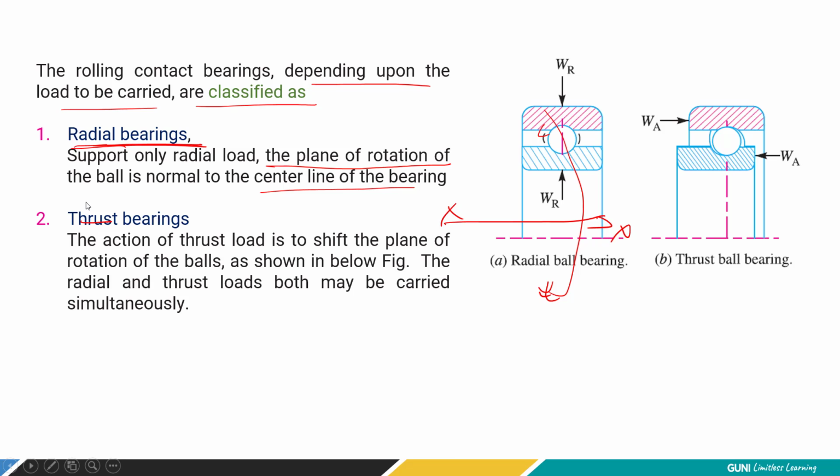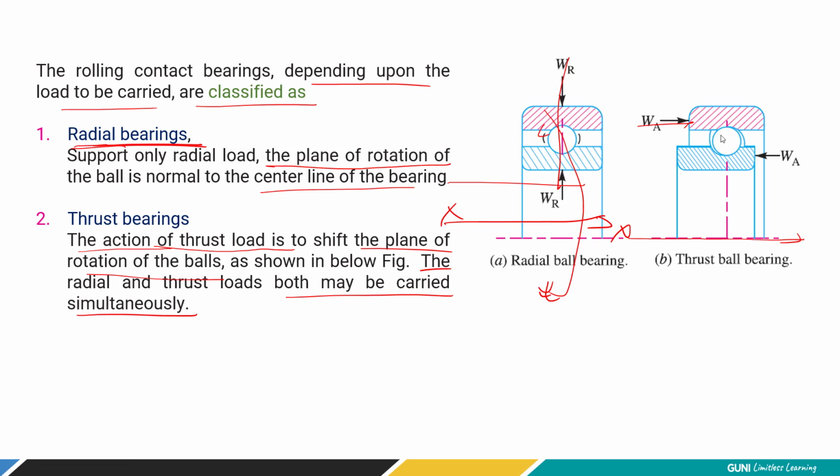Similarly, in the case of a thrust bearing, the load acting is parallel to the bearing axis. So the action of thrust load shifts the plane of rotation of the ball. Instead of being normal, now it is parallel to the bearing axis, as shown in the figure. The radial and thrust load both may be carried simultaneously.